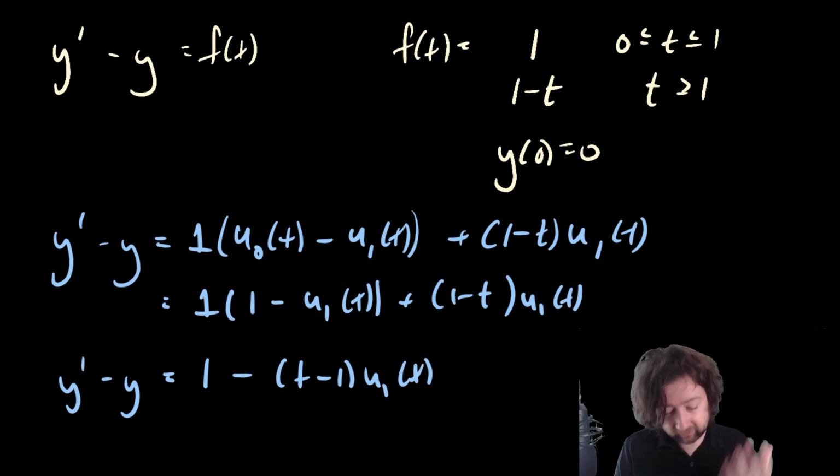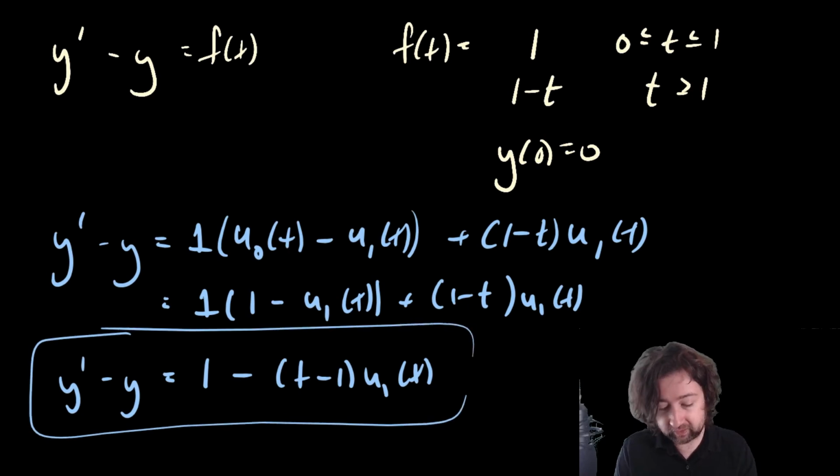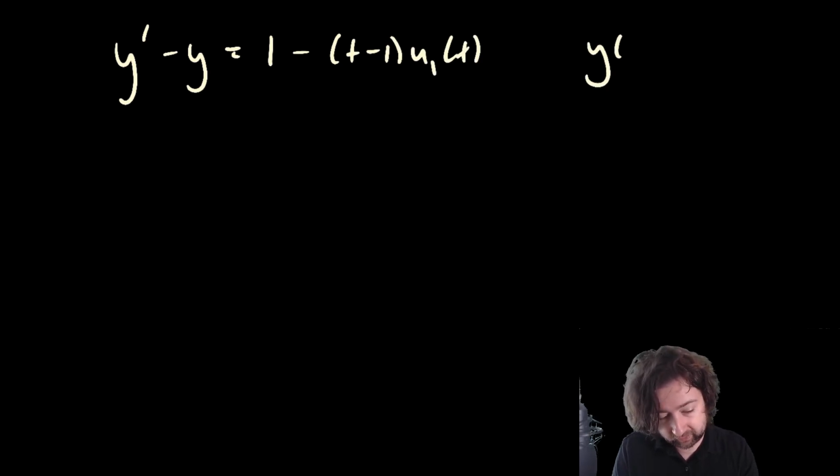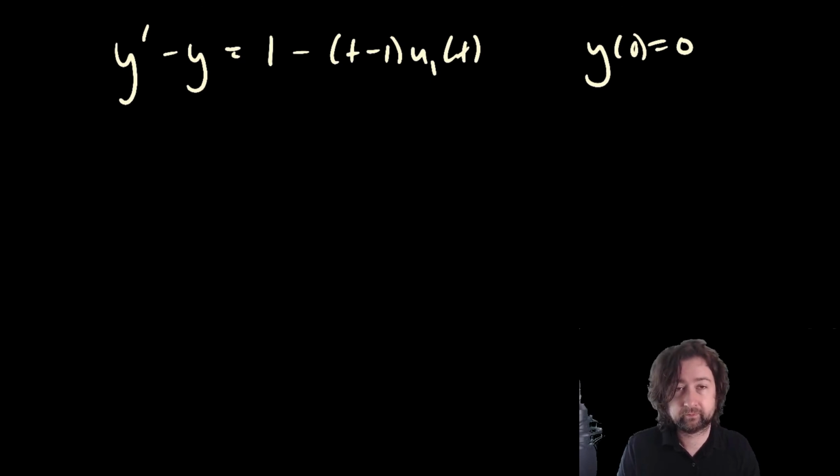And this thing I can take a Laplace transform of. So I'm going to use the Laplace transform to solve it. y prime minus y is equal to 1 minus t minus 1 times u1 of t, and y of 0 is equal to 0. This is the same equation that we started with.